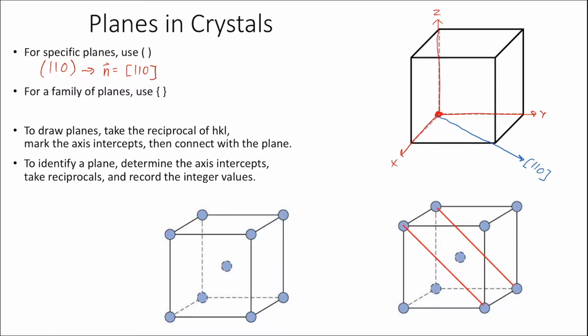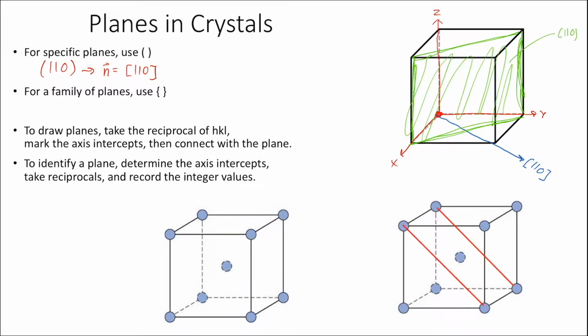Since this is the normal to the plane, you can schematically visualize where that plane might be. We'll go over more specifics about how to construct these more complex planes in a second. So now this plane in green is our 110 plane.